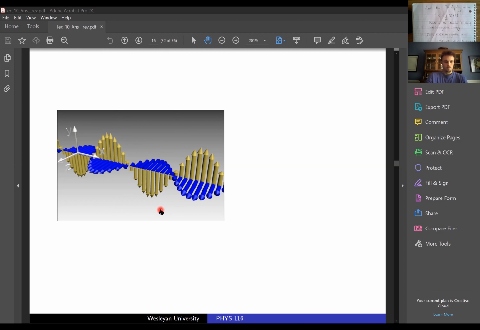You can have them be not perpendicular to each other, and so on. But if they're just traveling in empty space, or through glass or air or something like that, the electric and magnetic fields in an electromagnetic wave will be perpendicular to each other, and they will increase and decrease in sync.